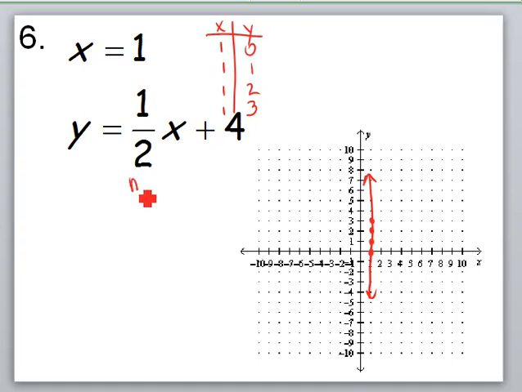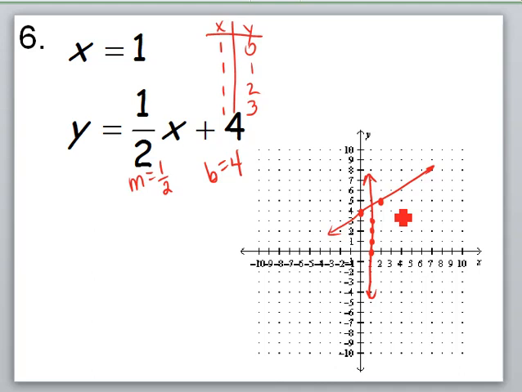This second one I will plot by using my slope of 1/2, and my b value is 4. I should change the color for each line, but I'm not going to on this problem. So my y-intercept is 4, plot my 4, and then I'm doing rise 1, run 2. Now on this one, this is the one where we don't have the exact intersection.